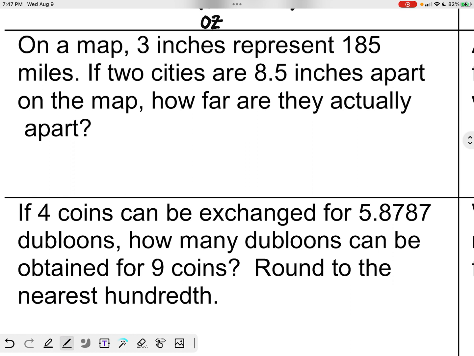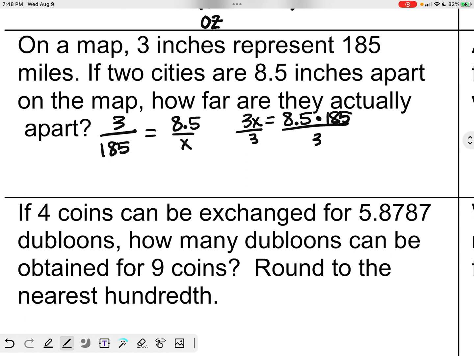On a map, 3 inches represent 185 miles. Inches to miles. If 2 cities are 8.5 inches apart on the map, how far are they actually apart? So inches again, miles again. Our cross product would be 3 times x is equivalent to 8.5 times 185.